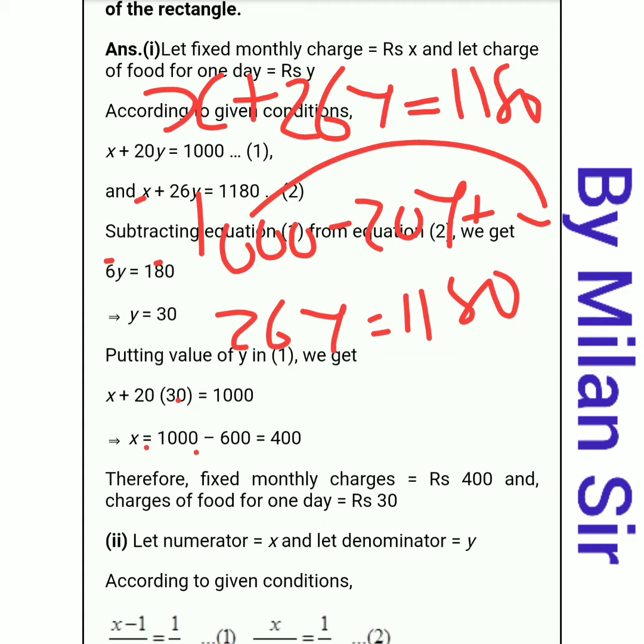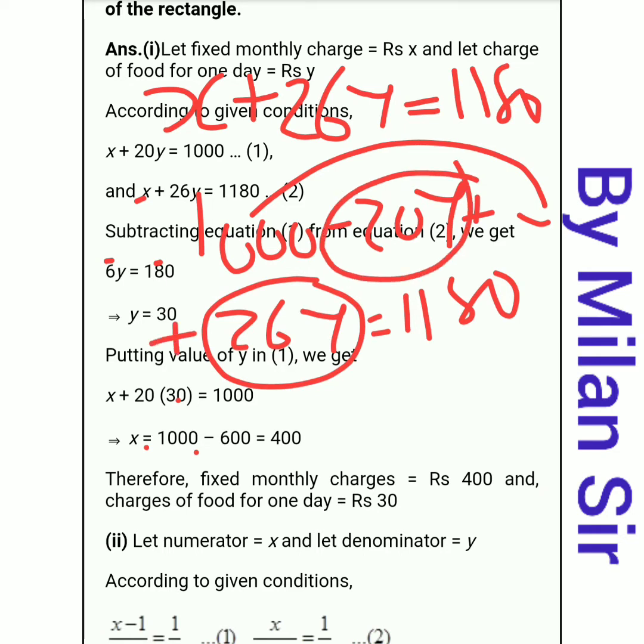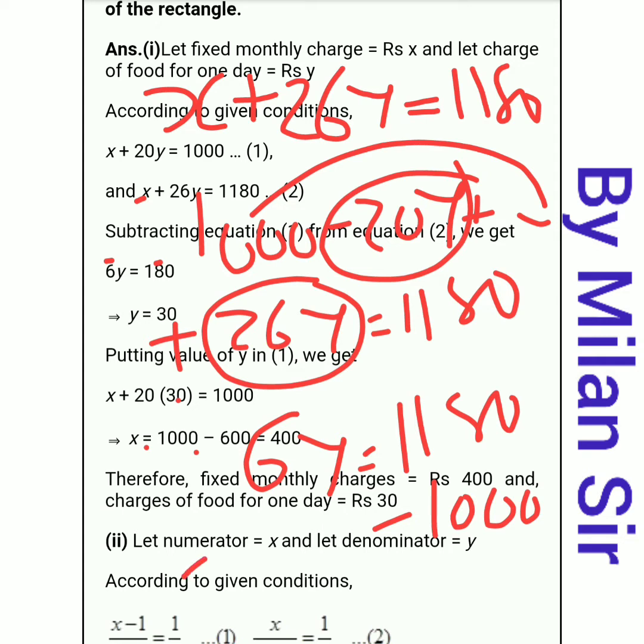On the left hand side we have plus 26y minus 20y, and 26 minus 20 is 6y. On the right hand side we already have 1180, and transferring plus 1000 makes it minus 1000. So 6y is equal to 1180 minus 1000, which is 180. Now for finding y, transfer this 6 to the right hand side, and it goes to the denominator.